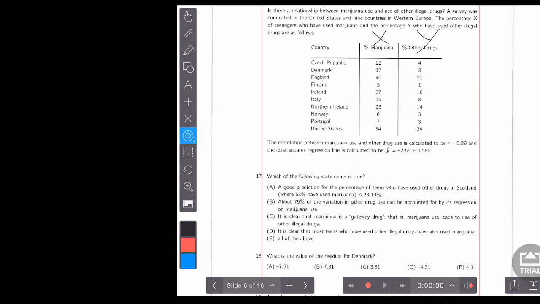What do you get when you do that? If you put in 53 here, and then minus 2.55, do you get 28.19?